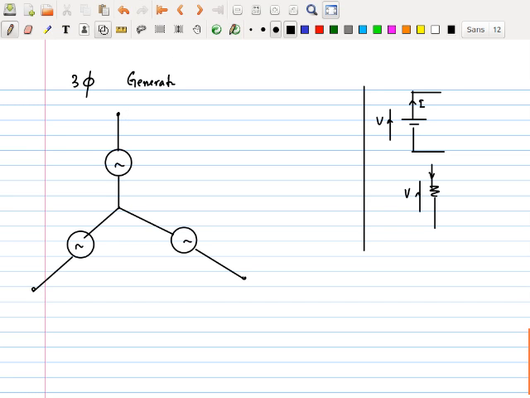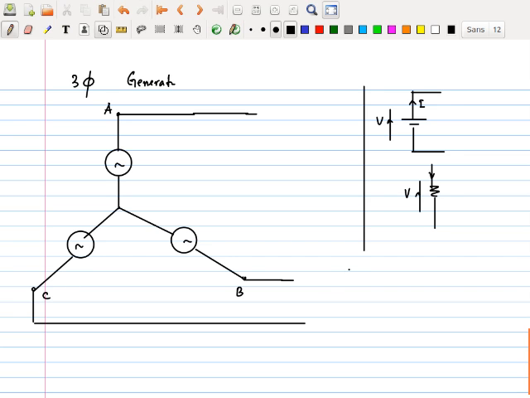So let's say this is the 3-phase signal that is generated, and 3-phase lines from the source generator go out. Let's say that was A phase, this was B phase, that was C phase.